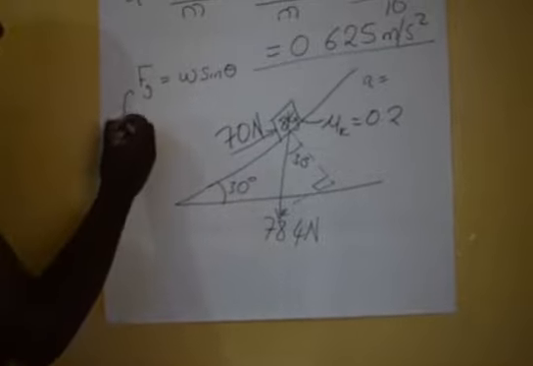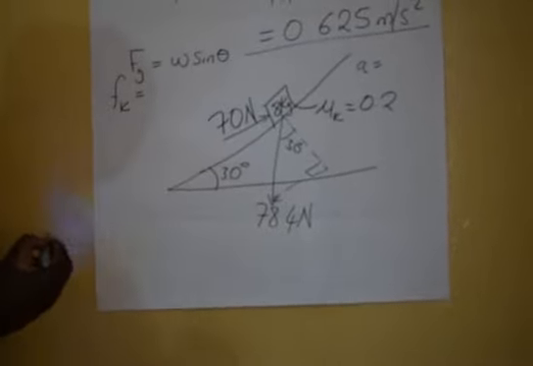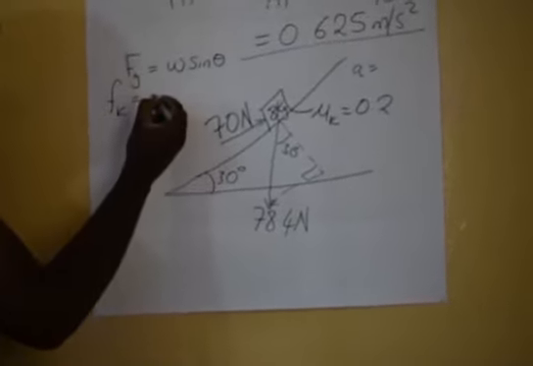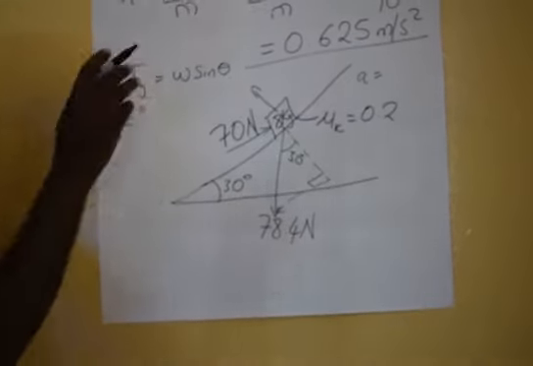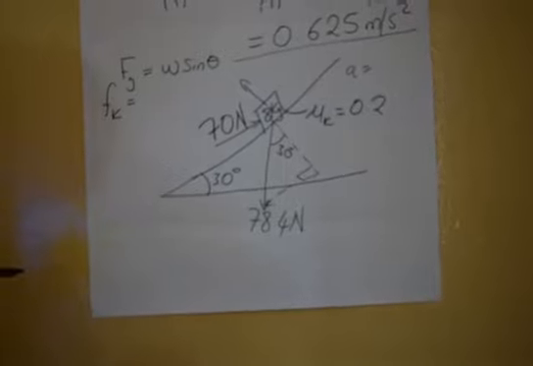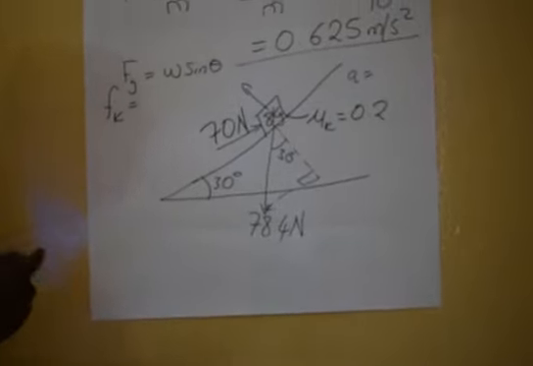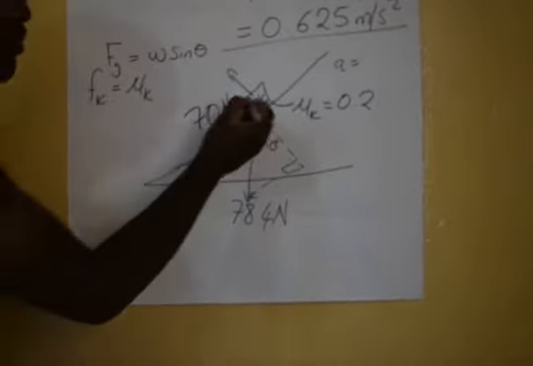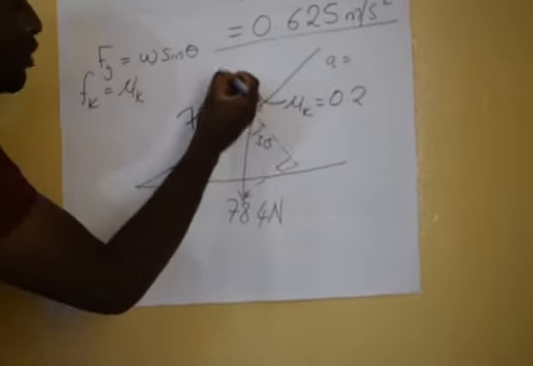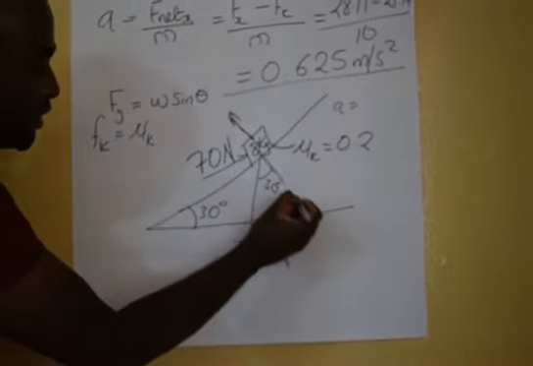Then Fk is the normal, which should be there, times mu. So if you remember, guys, mu k, you already remember it. But then the normal is equal, they're in the same line with this one.